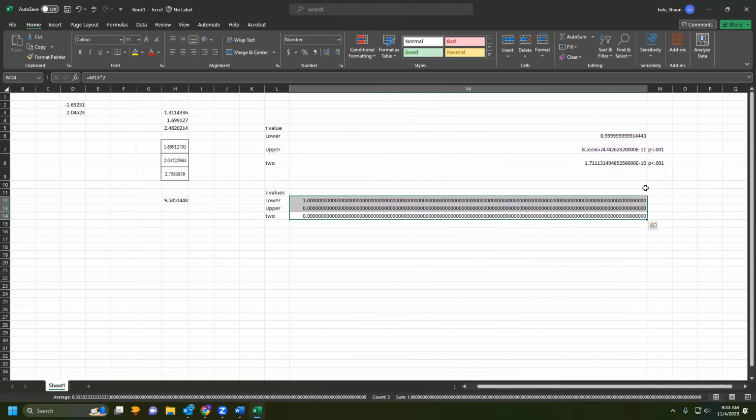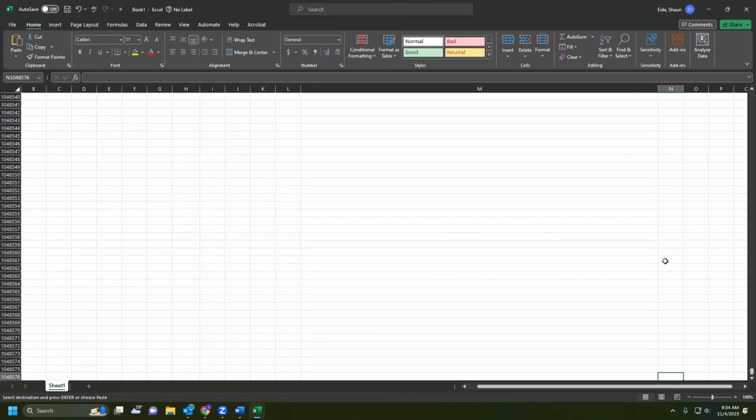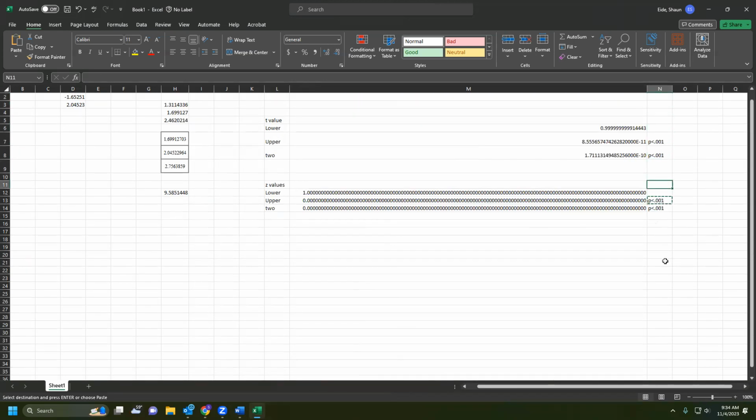There should be some numbers down here, but it should be something to the negative 64th or whatever, if you were to keep on going. And so the probability is so low that, once again, all we would do is put p is less than 0.001, and same thing right here.